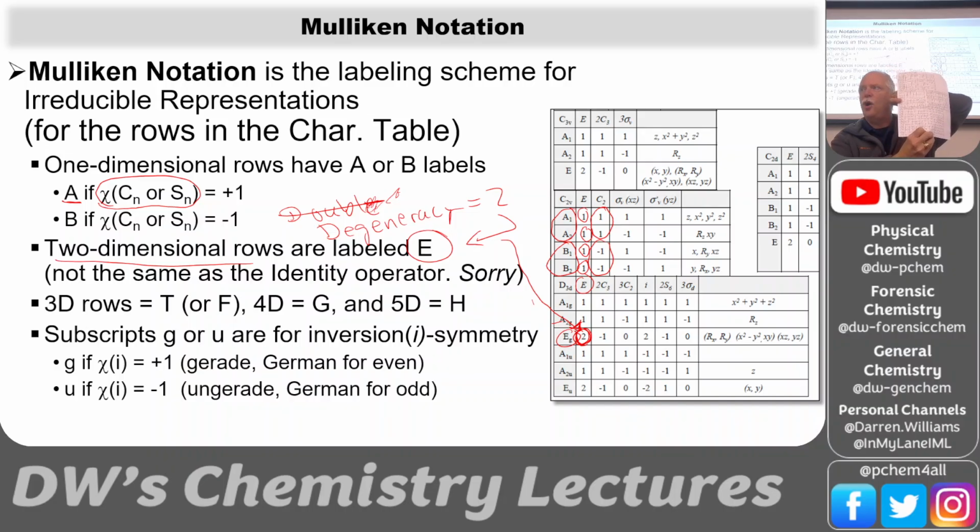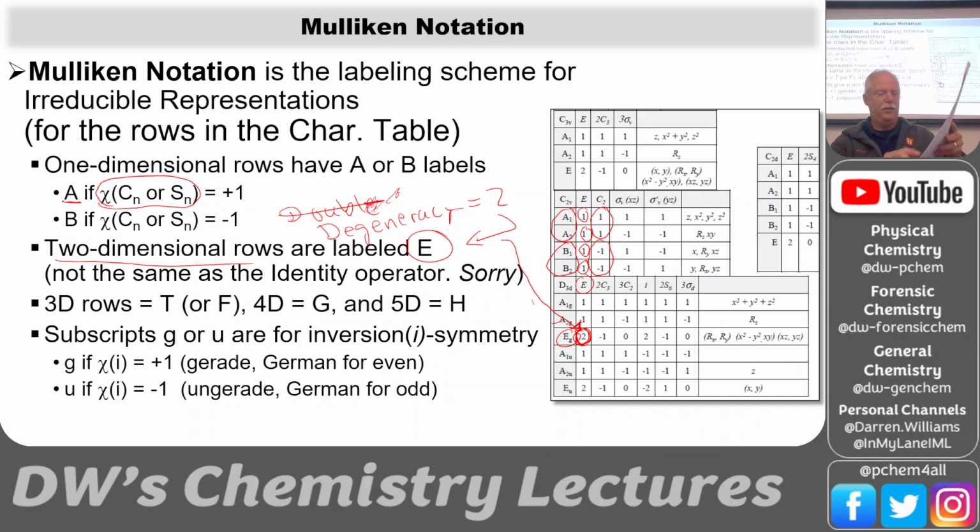Look at the T row. Where have you seen that? I think you might have seen it in inorganic when you're talking about the octahedral and tetrahedral complexes, and you had the T2G and the EGs, the d orbitals splitting into 3 and 2 pairs or groups. That's what you were labeling them. You were labeling those with the Millikan notation for an octahedral complex or a tetrahedral complex.